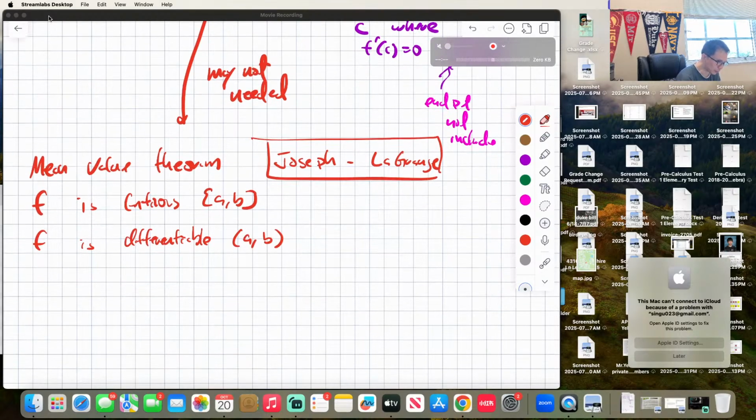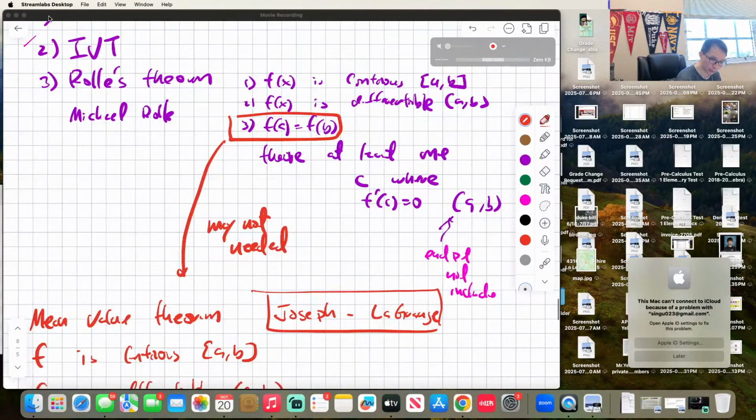Now the result, again, if you pay attention to Rolle's theorem, the third condition is f of a equals f of b. Now you just say, well, somewhere along the line you're going to have a slope equal to the slope of the green line. What is the slope of the green line?